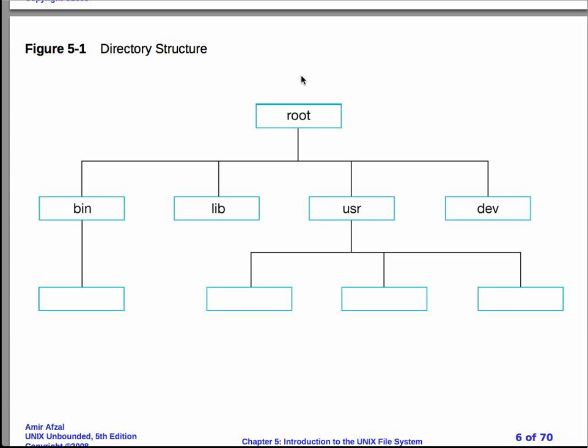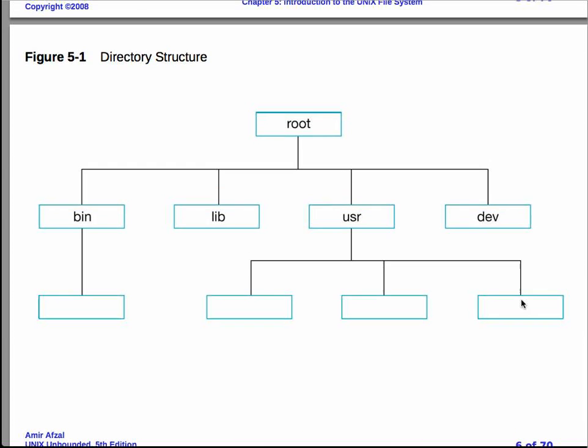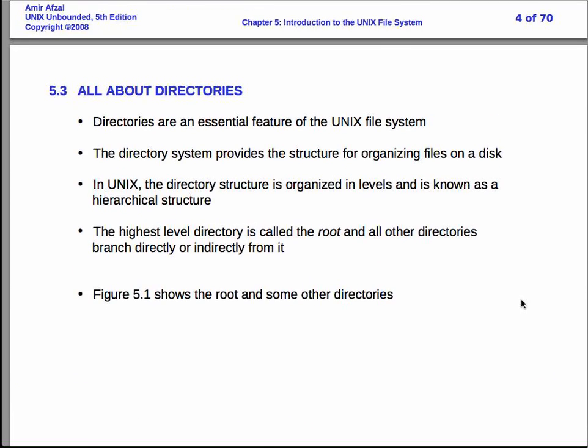This is called hierarchical. It's one direction. That is, this contains all of these directories. This contains all of these directories. There is no directory like this one that can somehow magically contain this one. Right? So there's a hierarchy. This is at the top. This is further down. That's all hierarchy means.